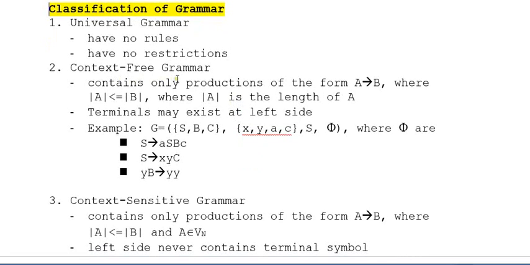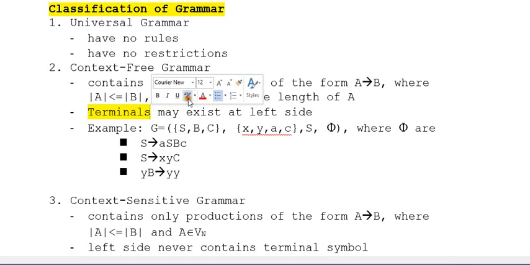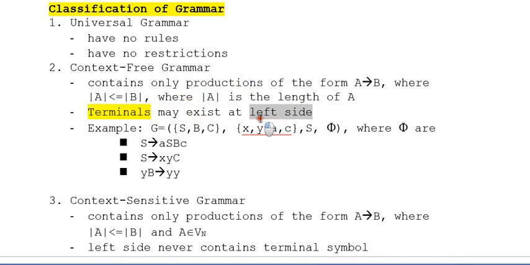Now, context-free grammar contains only productions of the form A to B, where the length of A is greater than or equal to the length of B. The terminals, that is Vt, may exist on the left side. This is the most important point in context-free grammar, that the terminals are on the left side.